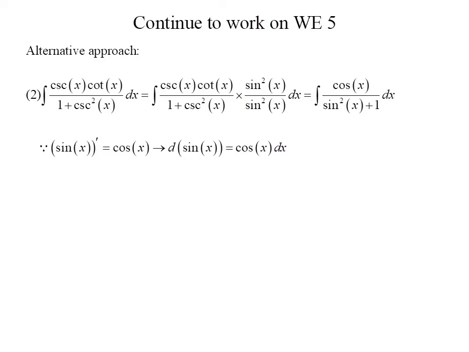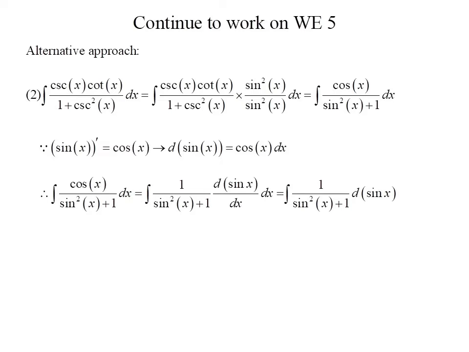Since we know that the differentiation of sine x is cos x, d sine x is written as cos x dx. Now let's go back to the antiderivative, since it can be written as 1 over the sum of the square of sine x and 1, d sine x by dx.